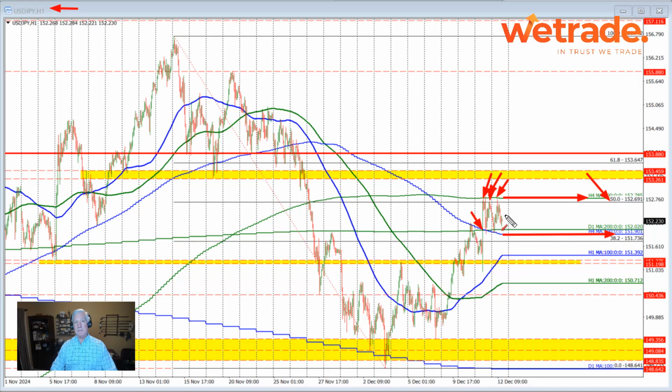Or if we break below, we'll look toward the 100-hour moving average and then this swing area right through here, which has a number of different swing lows and swing highs that form this level before moving to the upside. Yes, we moved a little bit below it in trading yesterday, but that was quickly reversed to the upside. So I'll watch those levels on the downside.